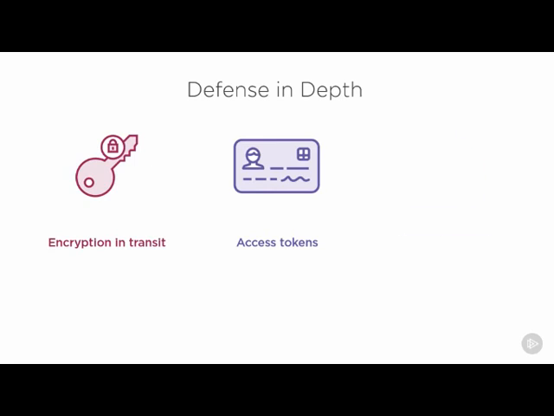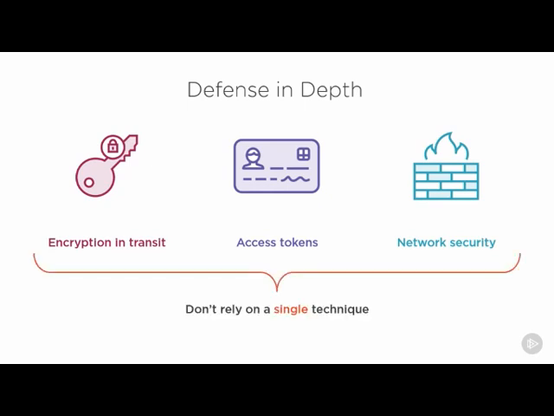And by using virtual networks and IP whitelisting, we can reject any calls to our microservices that come from an unauthorized network location. And the defense in depth principle states that you shouldn't rely entirely on a single technique to secure your application. And that's because if that one defense is breached, then everything is lost, and your attacker has gained free access to everything.